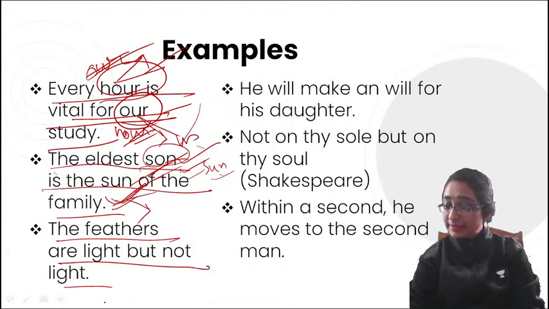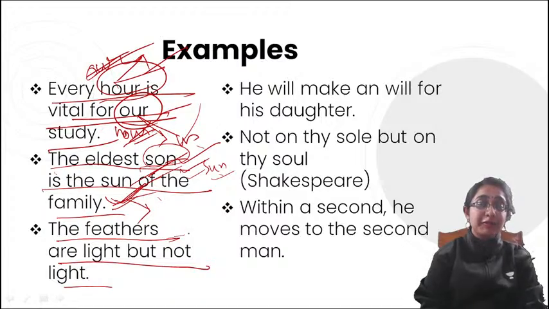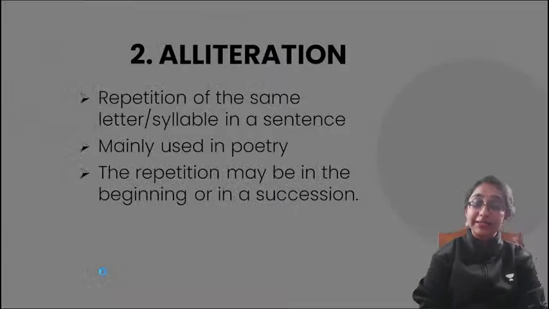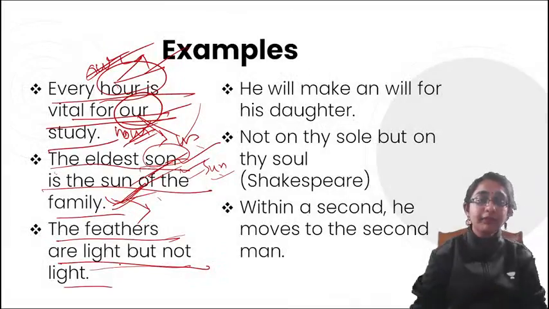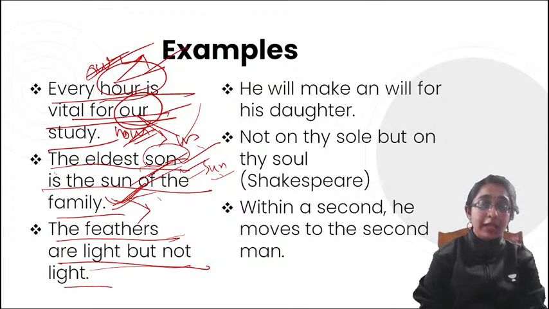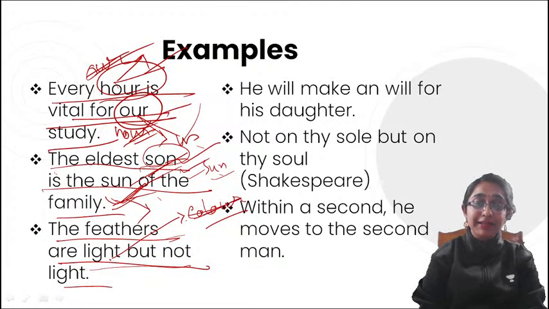Another, the feathers are light but not light. Very similar to the example Sneha has given. So what does that mean? The feathers are light, which means here light is weight.